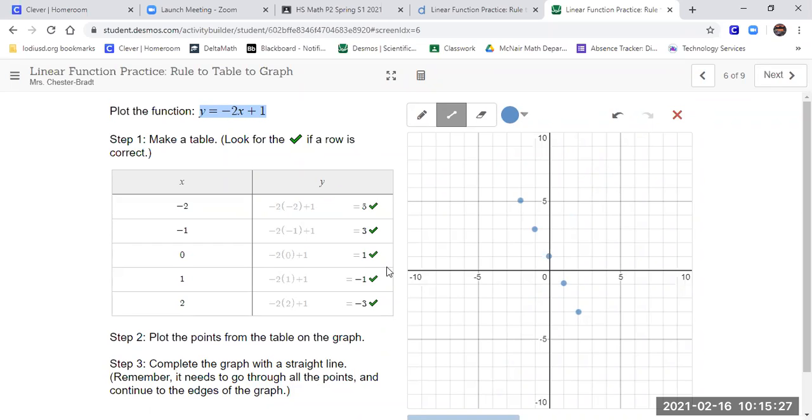Come on, guys. We've done this a long time. We did an entire chapter about proportional. What's making that equation right there, that rule, not proportional? What's making it not go through 0, 0? If you're so fixated on the 0, 0 part of it, what part of that rule is making it not go through 0, 0?